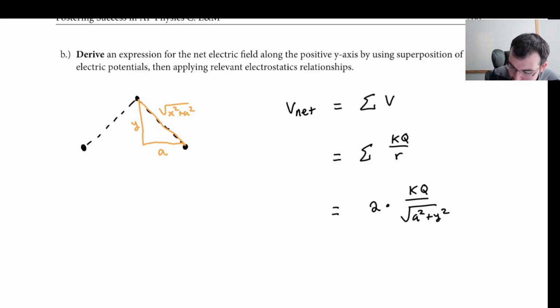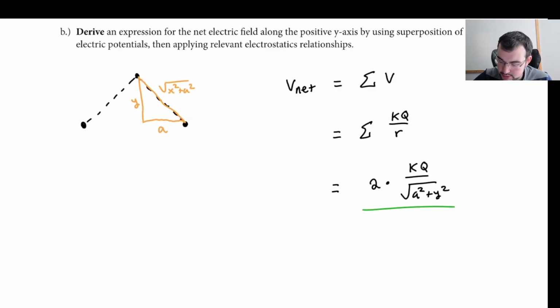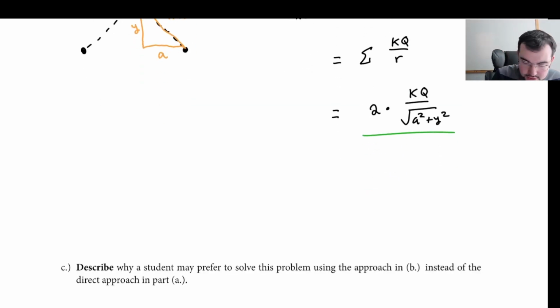So that gets us the electric potential. Great. Not what we wanted. We wanted the field. But now we have a way to quickly go from potential to field. Because we know that the electric field in the y direction is the downhill slope of the potential.